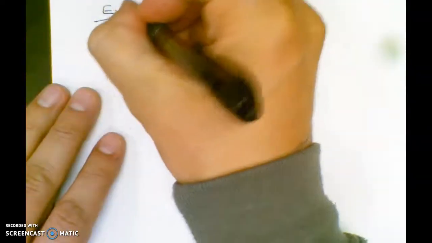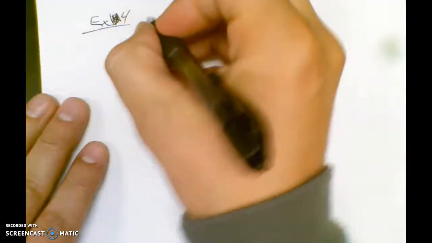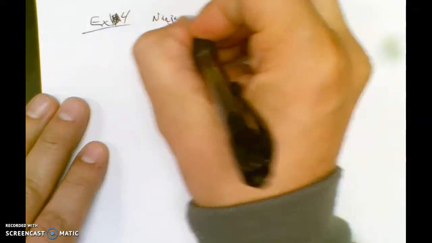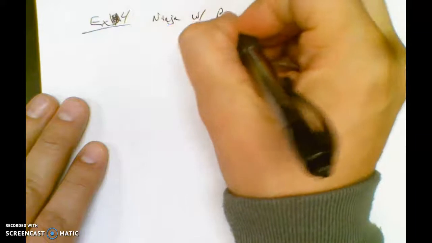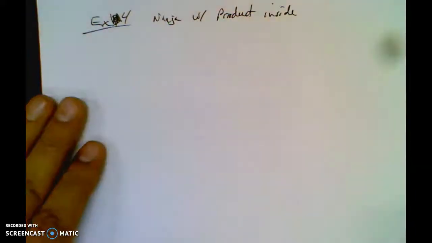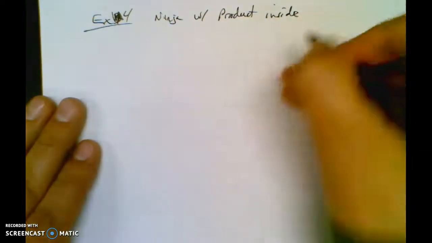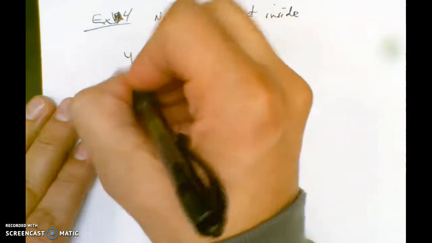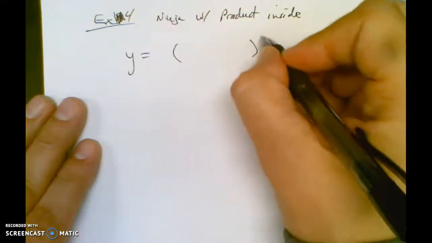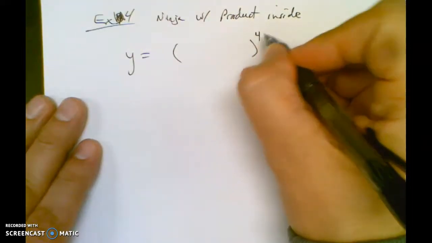I'm on example 4. You know, plan ahead, like I said. Okay, so this one, I could do a ninja with a product inside. And what that would look like is something like this. I mean, there's lots of ways you can draw it. But overall, I would do something to the 4th power.